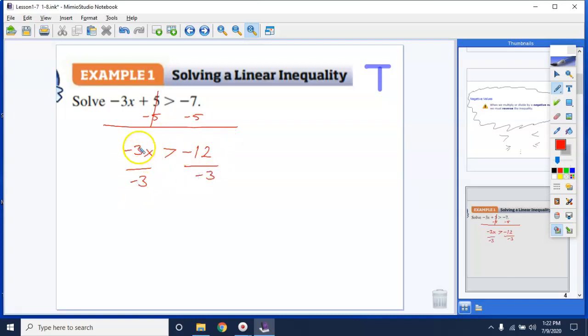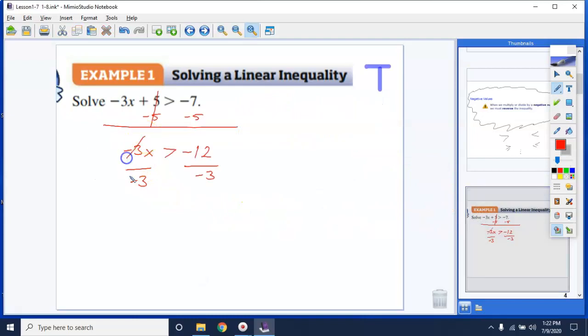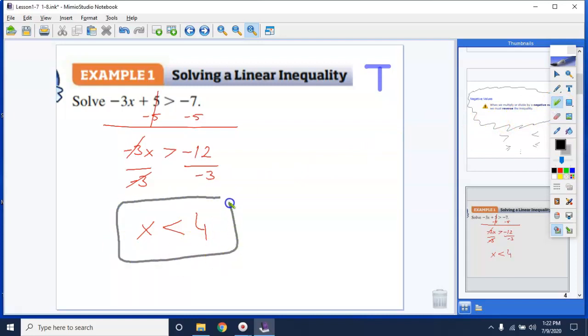As you hear, I divide by a negative number. So these two will cancel each other, it's going to be x. So reverse this. Bigger than should be less than, and this side, negative 12 divided by negative 3, should be 4. So that's my answer: x should be less than 4.